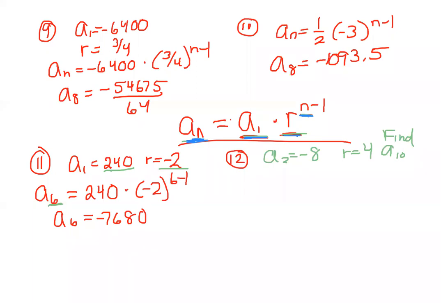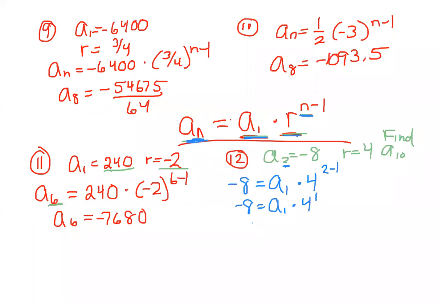So we're going to have to do this in 2 steps, like the one that we did for the arithmetic, where we had to find the D first and then go on. We're going to have to find A1, and then we can find A10. So we're going to say -8 equals A1 times 4 to the 2 minus 1, because this is N right here. So we have -8 equals A1 times 4 to the 1, which is 4.